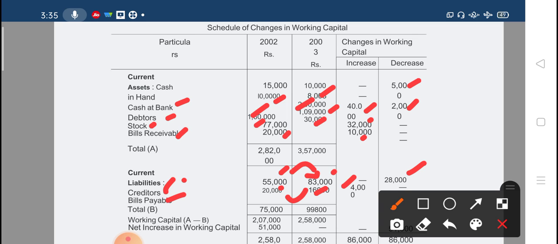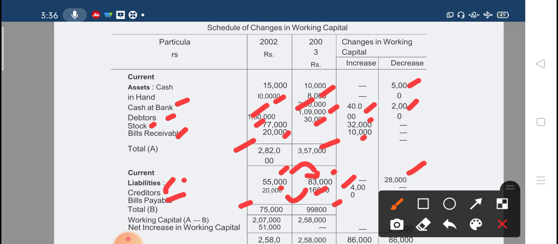Now the total of current assets 2,82,000, 3,57,000. Total of current liability 75,000 and 99,000.